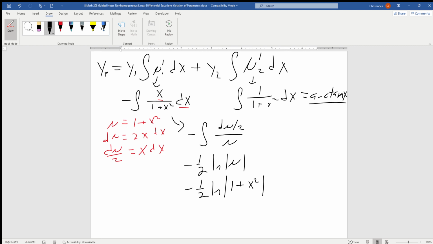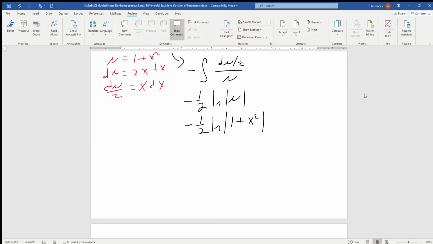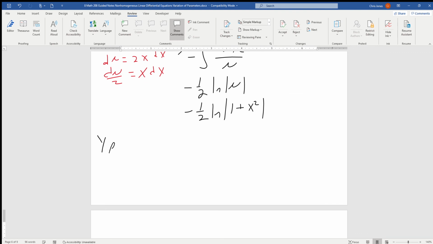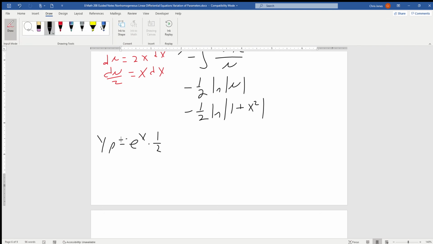And so now we can plug everything back into yp, and then we can get the entire solution. So yp is going to be equal to y1, which all the way back was e^x, times this negative 1/2 of ln(1 + x^2).